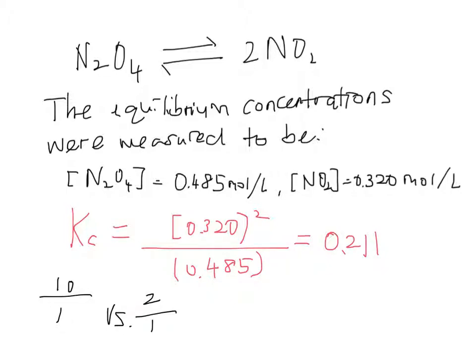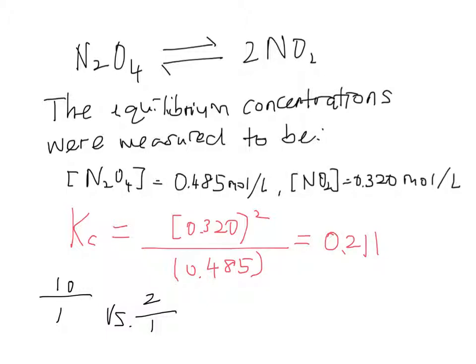You see, definitely 10/1 has a higher value. So if you have a very high equilibrium constant, it means you have a very high product concentration and a low reactant concentration at equilibrium. That means the equilibrium of that particular reaction has proceeded to a very large extent towards the products.